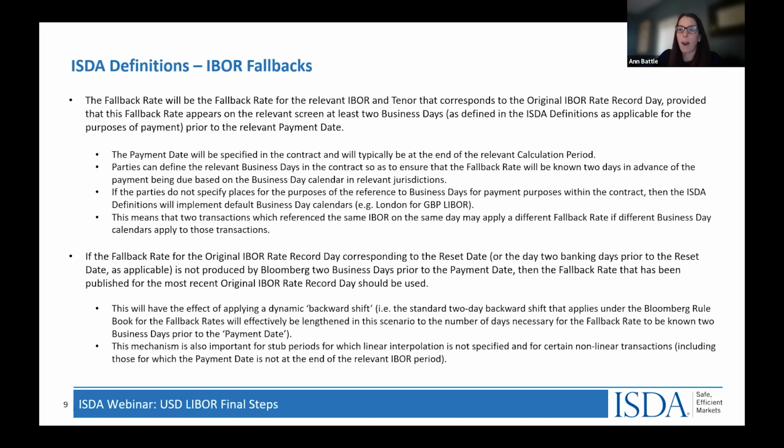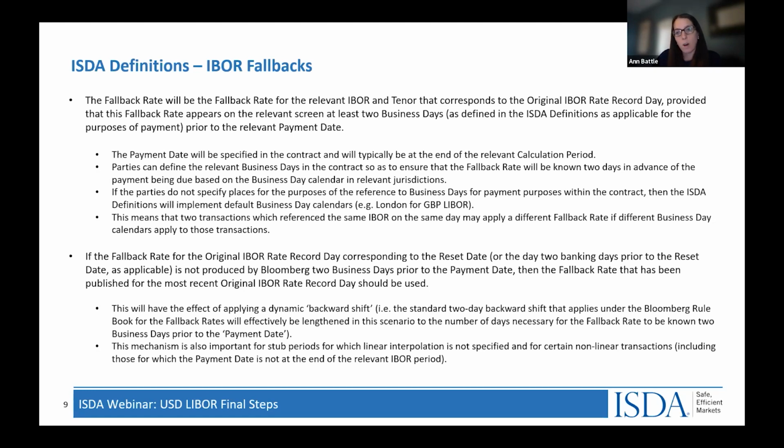So when you have, for example, a reset date of the 15th of the month, which is a Wednesday, and there are no holidays, if that was your reset date for a contract using US dollar LIBOR, you would observe US dollar LIBOR on the prior Monday, the 13th of the month. So that 13th of the month, whatever it is, is your original IBOR rate record day.